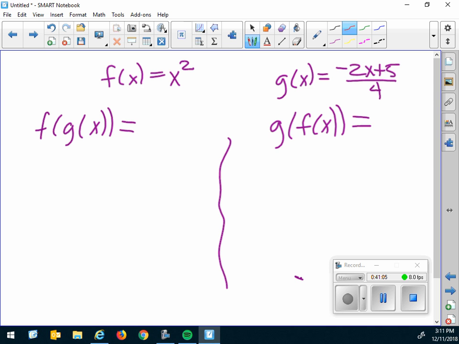So what I'm going to write is f of g of x. Now remember I got this function called f, and that function, what does it do? Squares whatever goes in. What goes in?